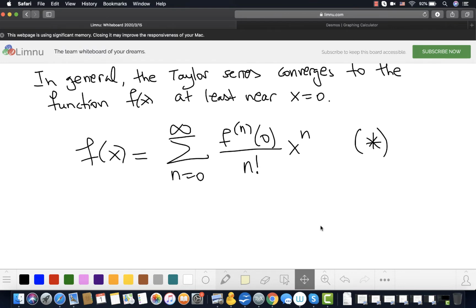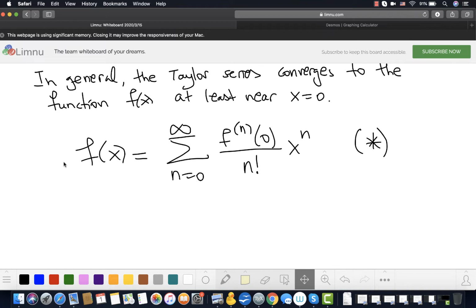So this is kind of remarkable, because like I said, f of x could be an extremely complicated function, like sine x, whereas on the right-hand side, we just have powers of x. Note again that the coefficients in front of the Taylor series are just numerical values. You take the nth derivative of the function, plug in 0, and divide by n factorial. So you should think of a power series as an infinitely long polynomial.